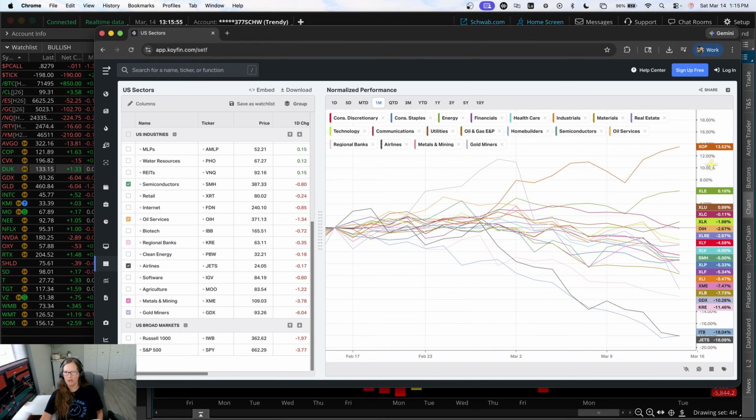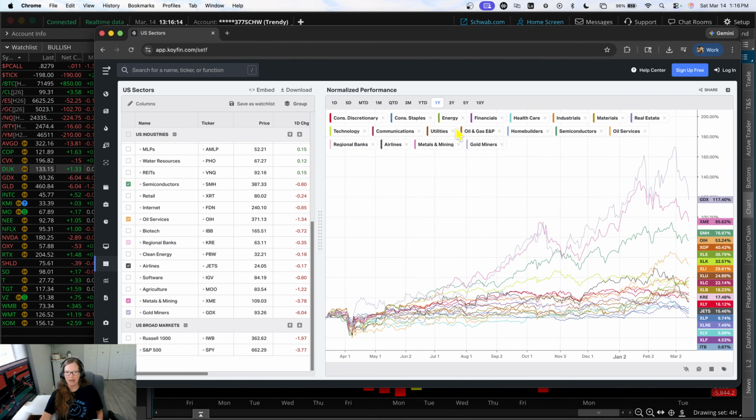Okay, I want to be aligned with the big money, and that means I need to know under the hood where that money is potentially moving into when it moves out of the weaker areas in the market.